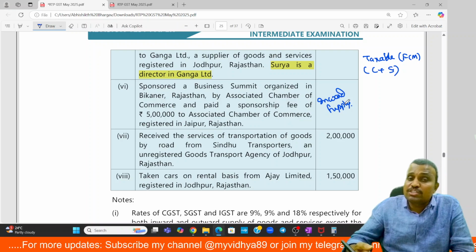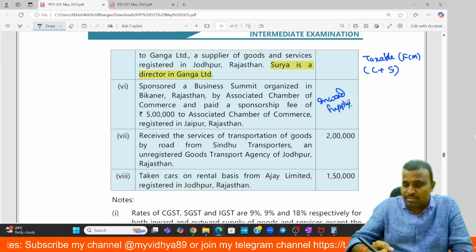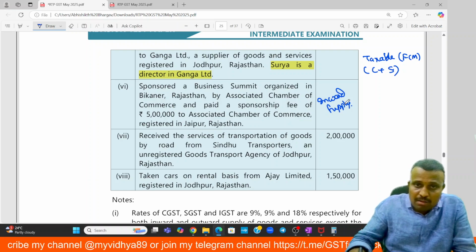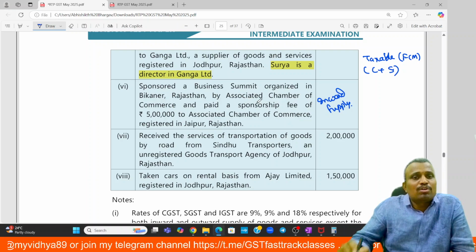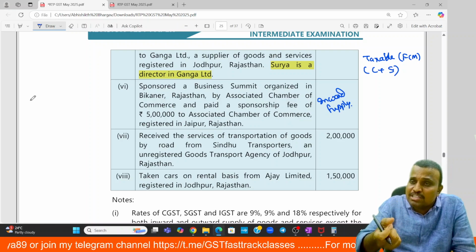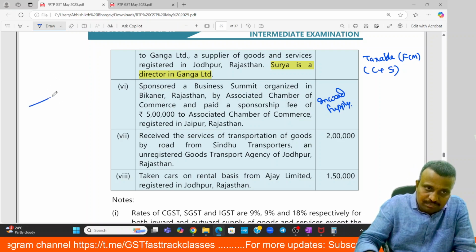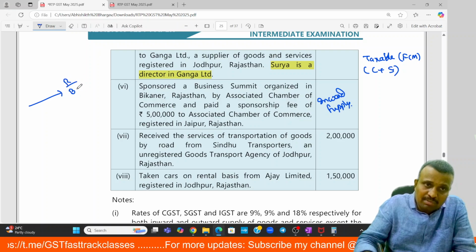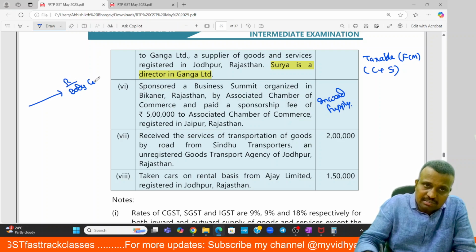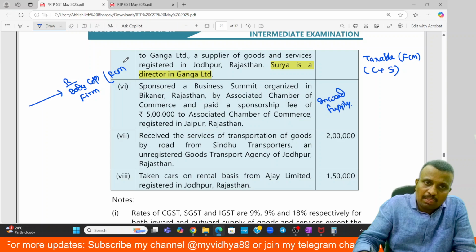So sponsorship services are provided by the Associated Chamber of the Commerce. Any sponsorship services provided to a business entity, so the recipient is a business entity, meaning body corporate and firm, then that is covered under RCM.